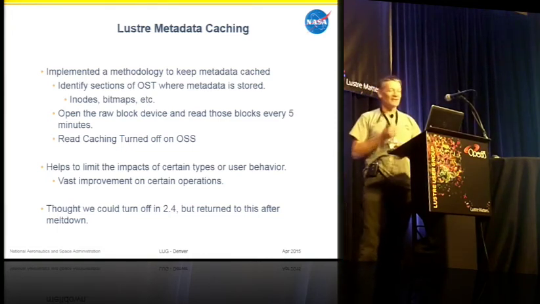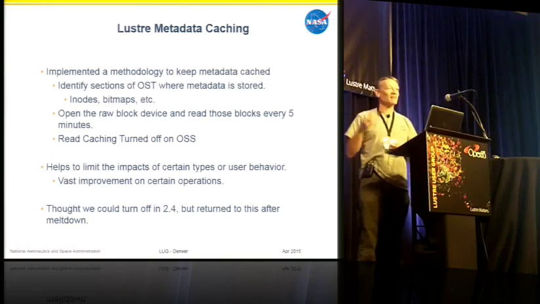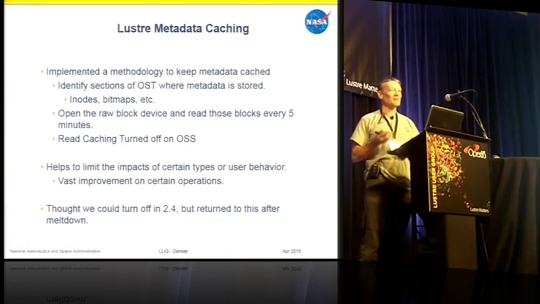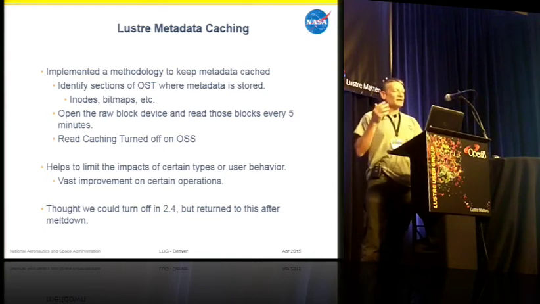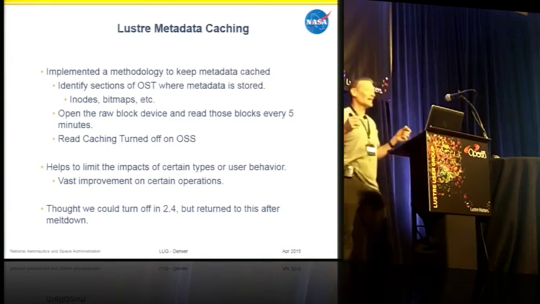And so what he just did right then probably initiated 1 million or 10 million metadata operations. But that's what users do. I mean, they have piles of files. They want to look at them.